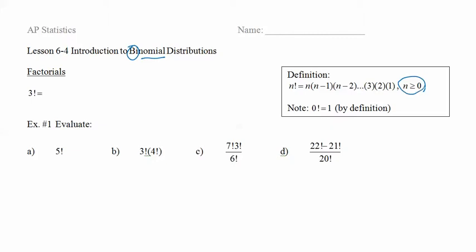In other words, n is a natural number. Please note that 0 factorial by definition equals 1. Okay. So for example, 3 factorial would be 3 times 2 times 1, which equals 6.